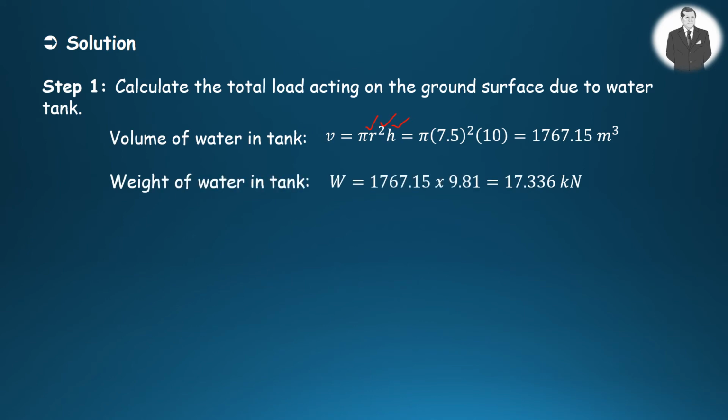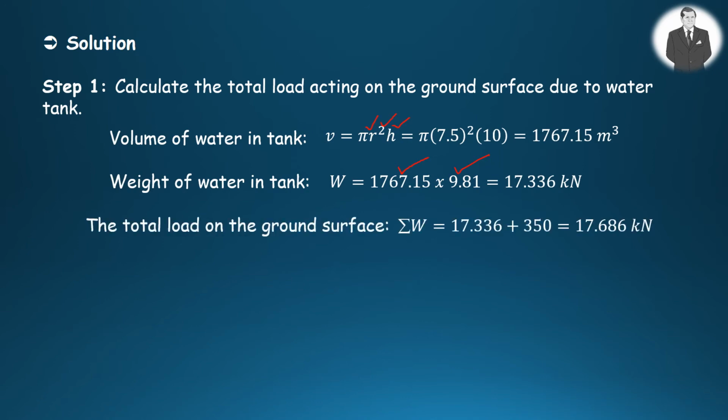Then the weight of water can be obtained by multiplying the volume of water in the tank and the unit weight of water. The total load on the ground surface will then be the summation of the weight of water in the tank and the dead weight of the water tank.